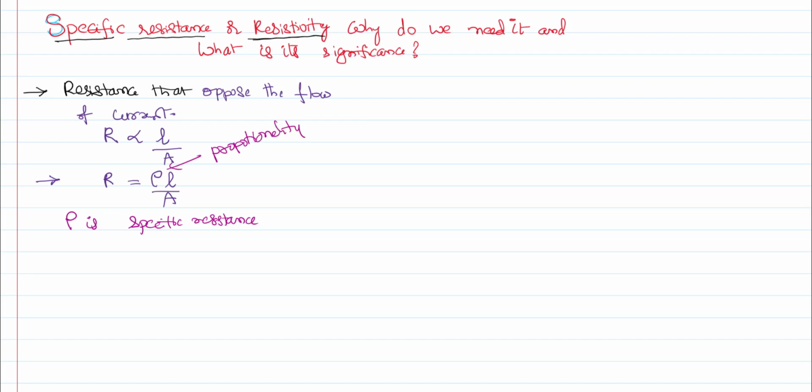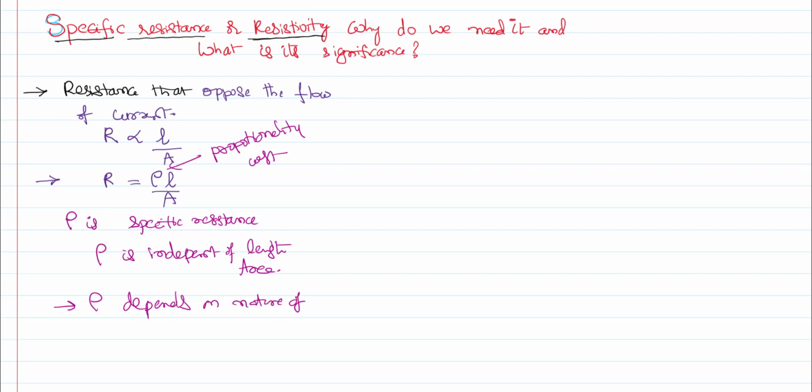Whenever you say proportionality constant, that rho is obviously independent of length and independent of area of cross section. Rather, this rho depends on the nature of material. So for iron, we'll have a single rho, whatever may be its length, whatever may be its area.